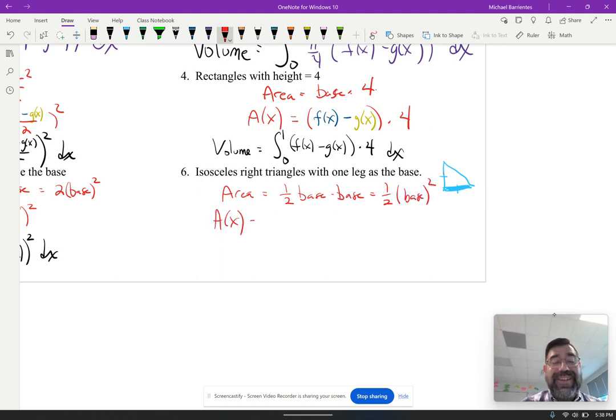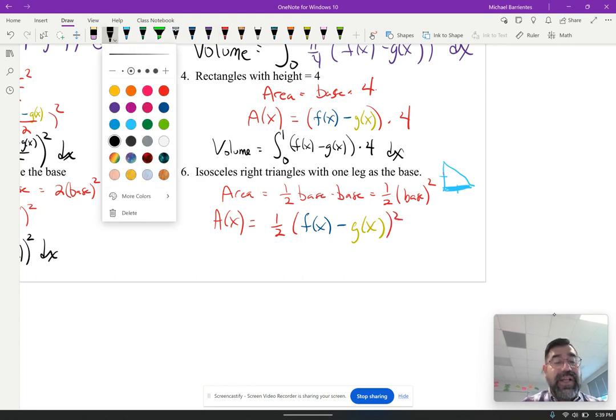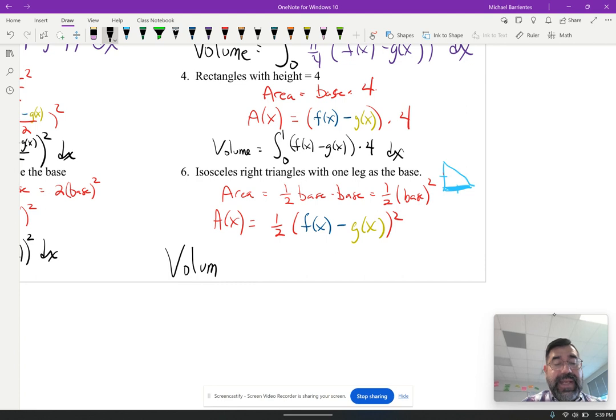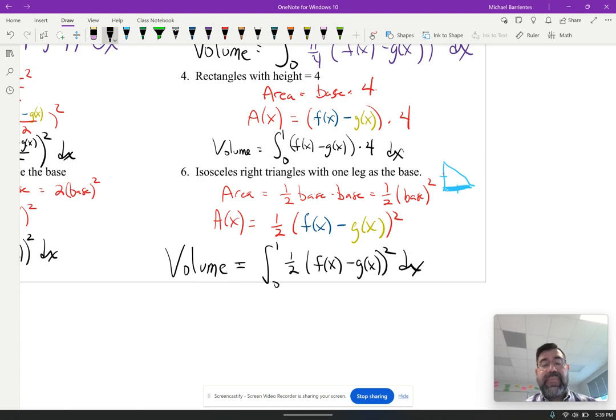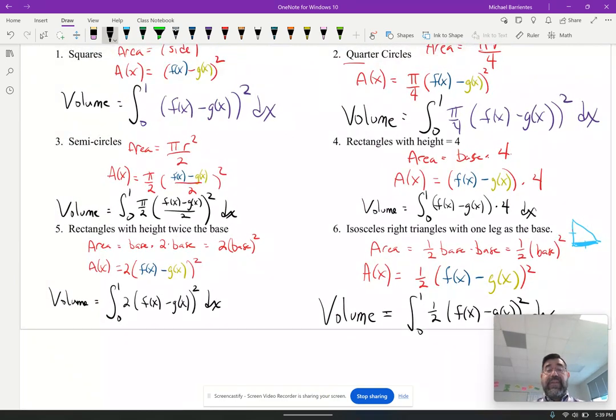And my area function, therefore, is going to look familiar: f of x minus g of x, and then squared. So once I do my volume setup, I can use the integral from 0 to 1 of this thing, and I will be done with that expression. This will find for me the volume of that three-dimensional shape.